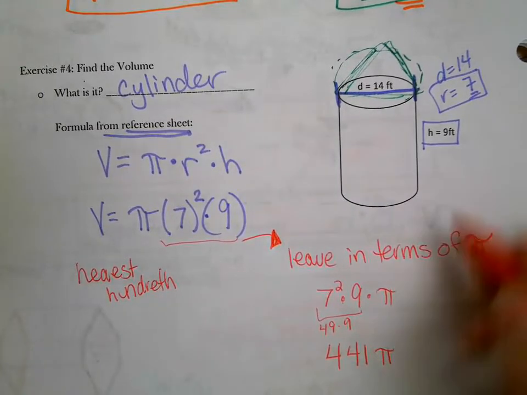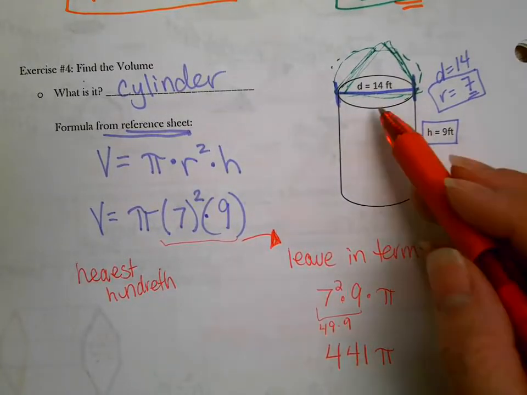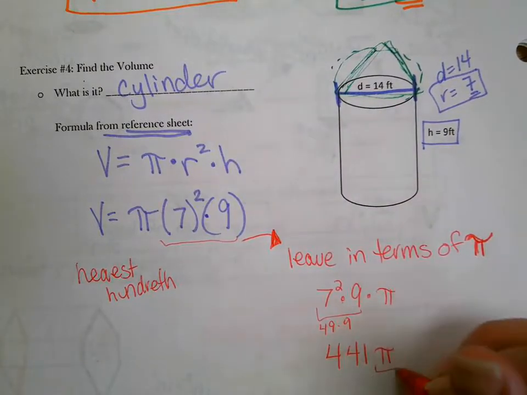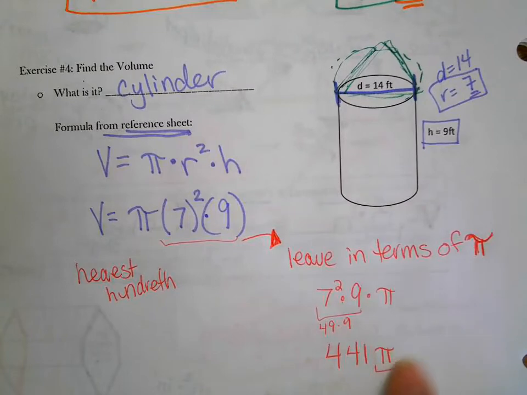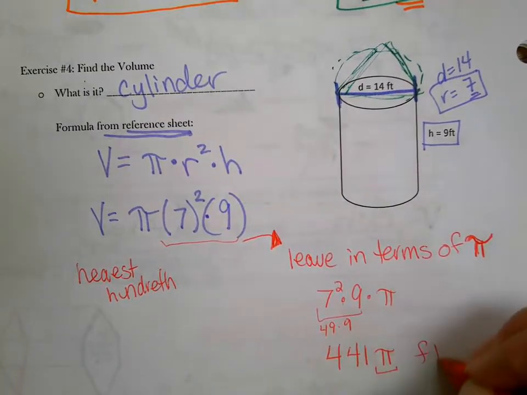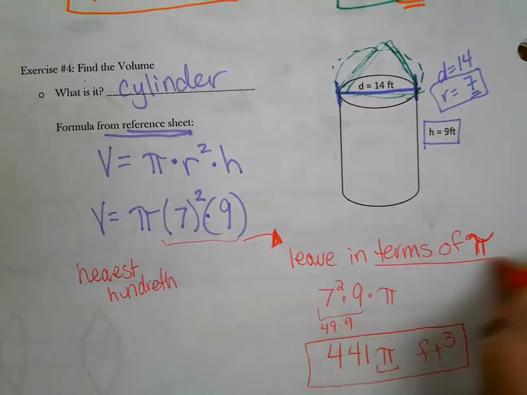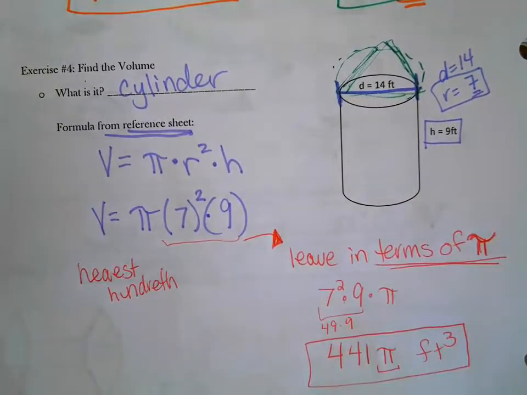Now that's not in units. So since we had feet and we had feet, okay, pi is really a digit, right? So this is really saying 441 times 3.14 feet cubed. So that's our volume in terms of pi, right? Where we leave the pi symbol there. Okay? So 441 pi feet cubed.